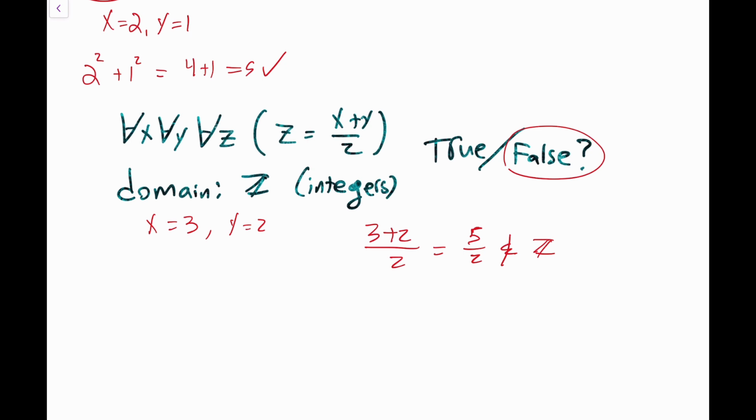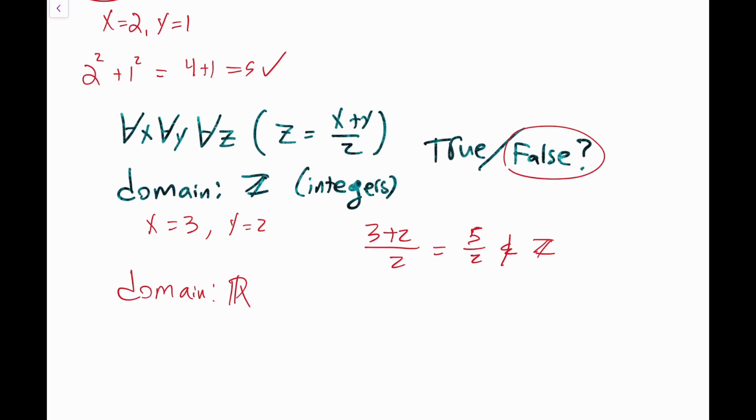So it's not the case that for every x, for every y, for every z, that proposition holds. On the other hand, notice that if the domain was changed to the reals, then it would be a true statement, because 5 over 2, for example, is a real number. You can always get an average out of real numbers to get another real number.